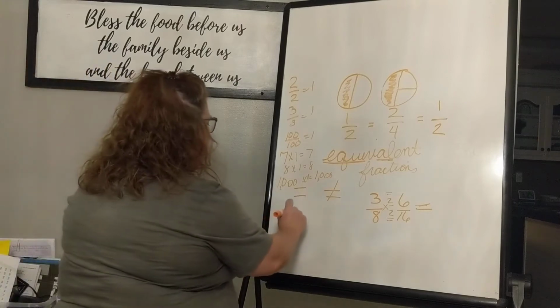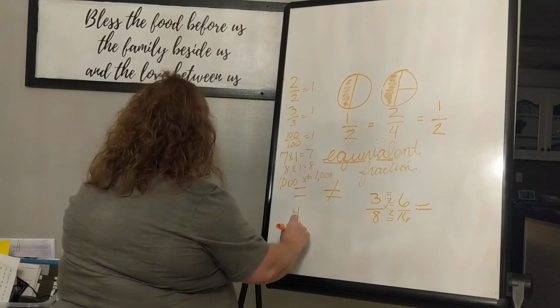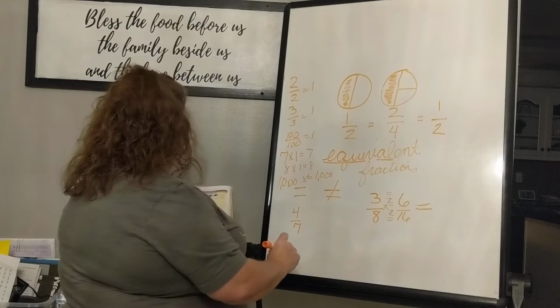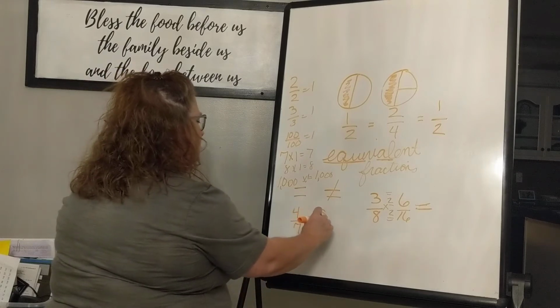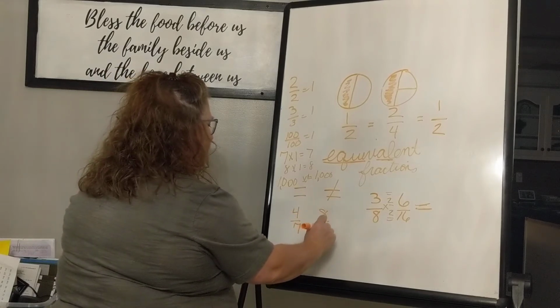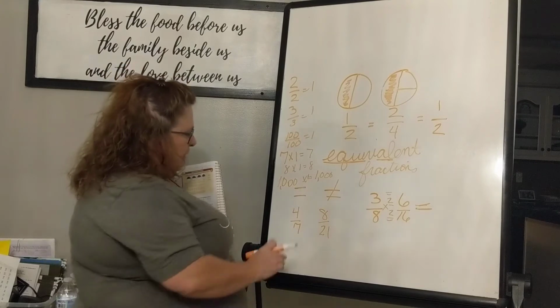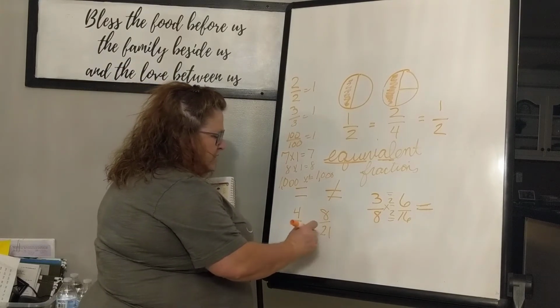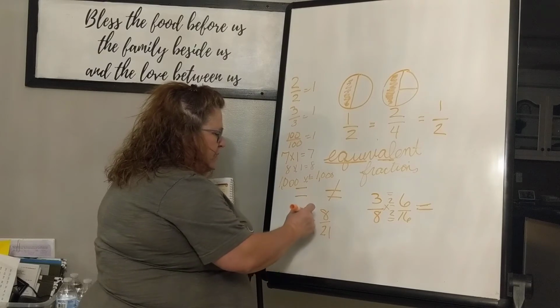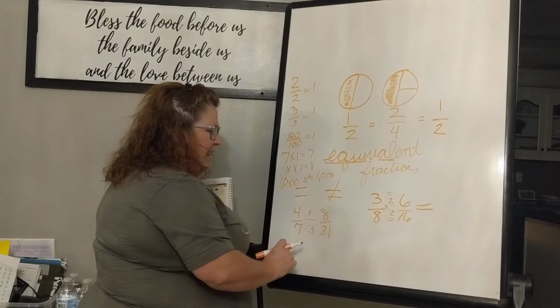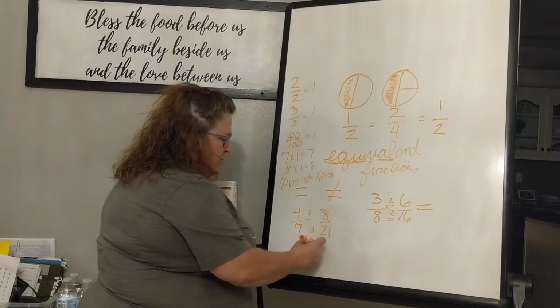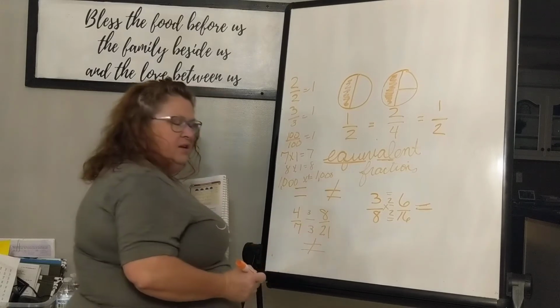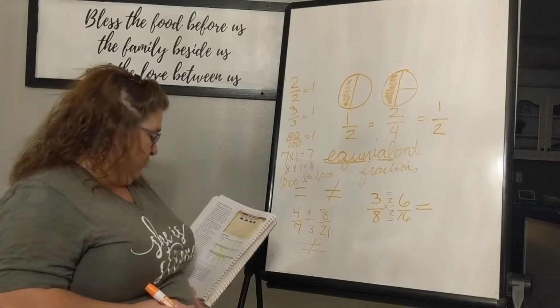We have 4/7 and 8 over 21. So they multiplied 7 times 3 to get to 21, but does 4 times 3 equal 8? No, it does not. So those are not equivalent. They do not equal, okay?